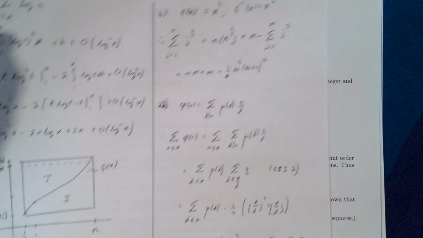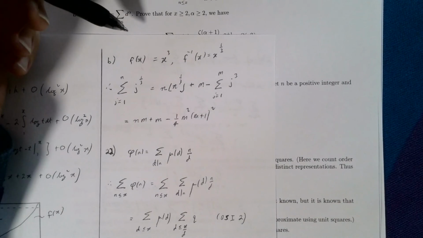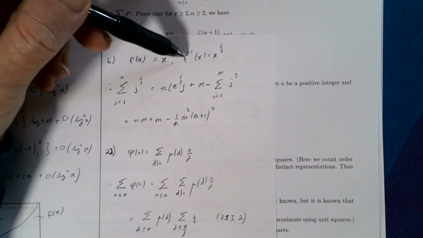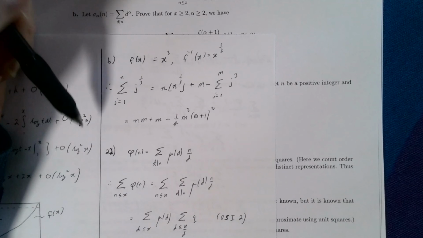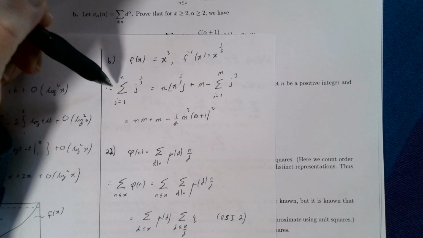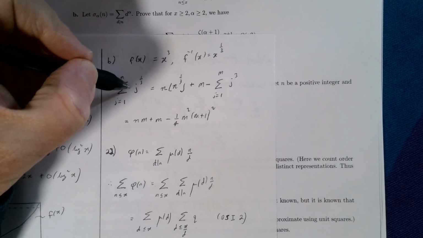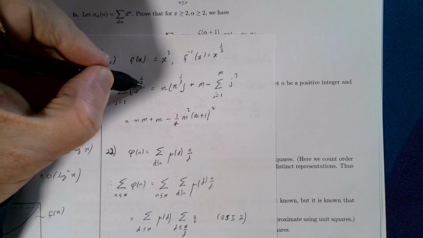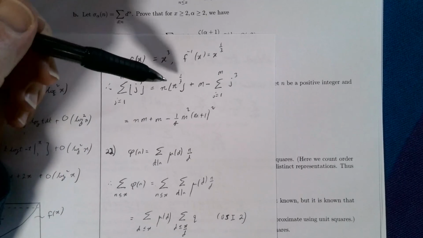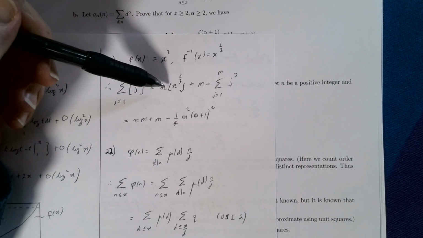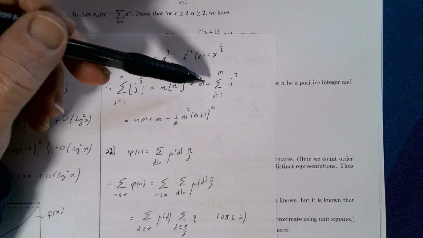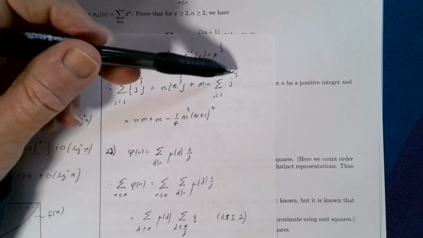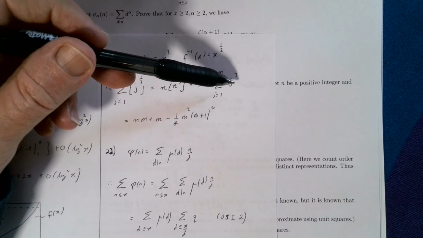So applying that, we take the function f of x as x cubed, and f inverse is x to the one third. Then we can use the formula we've just derived to get this sum here, and in fact I need a floor here, and that's just going to be equal to what we had before. This is mn plus d, or m, and then minus the sum of the cubes. And the point is we can evaluate the sum of the cubes.